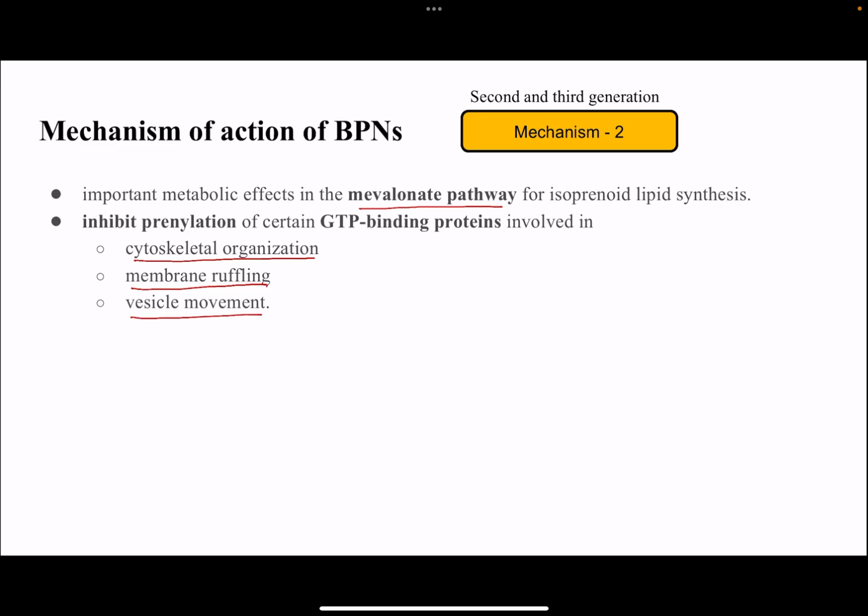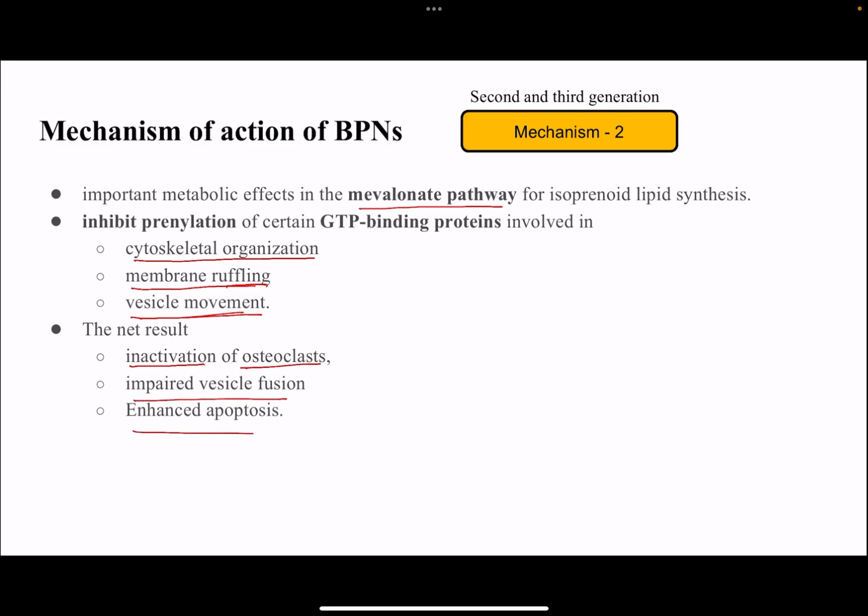So by inhibiting the prenylation process, it will inhibit the osteoclastic activity. The net result will be inactivation of the osteoclasts, impaired vesicle fusion, and also enhanced apoptosis because of the mevalonate pathway inhibition.